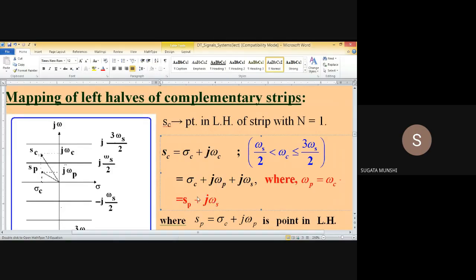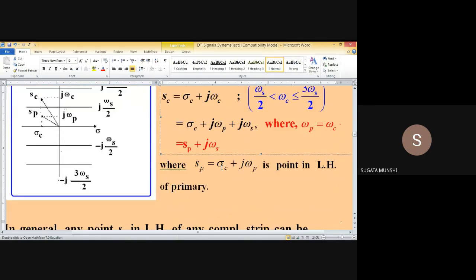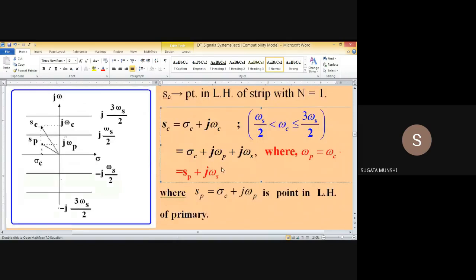If that is the case, now if you map SC onto Z plane and SP onto Z plane, what will be the difference? What will be the Z corresponding to SC? ZC will be e to the power SC into tau.